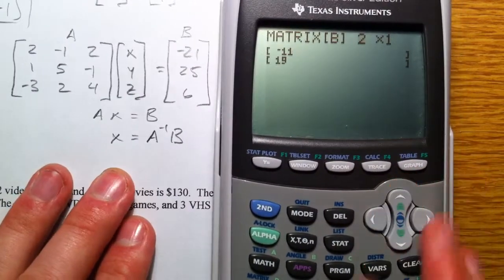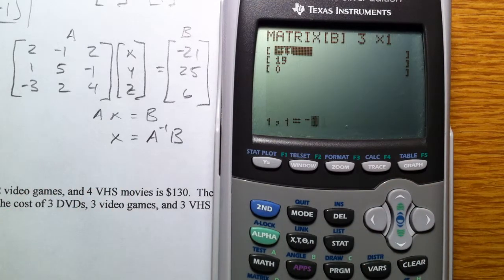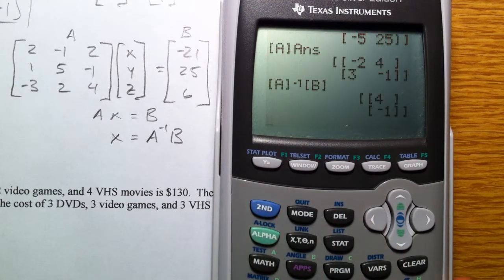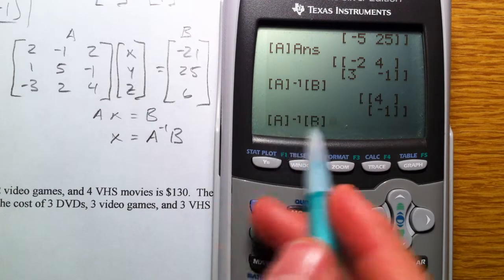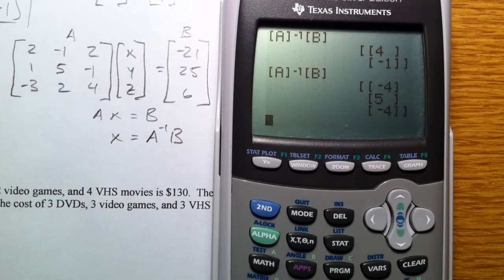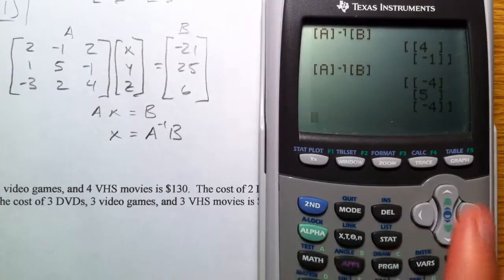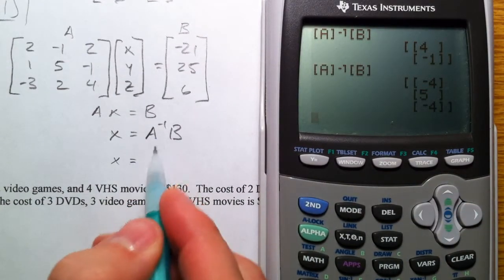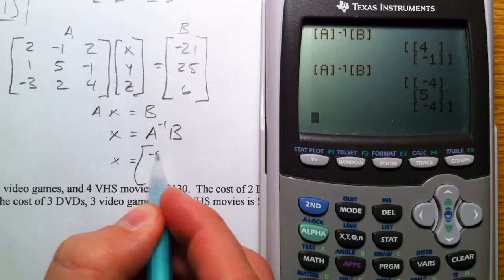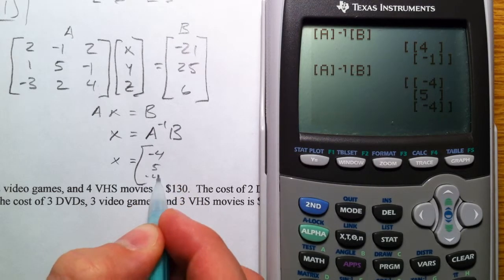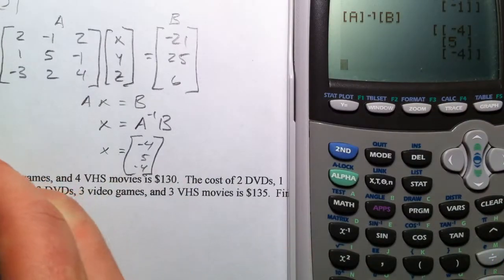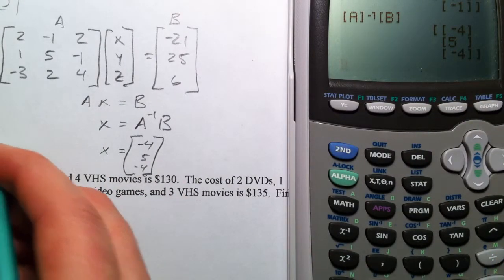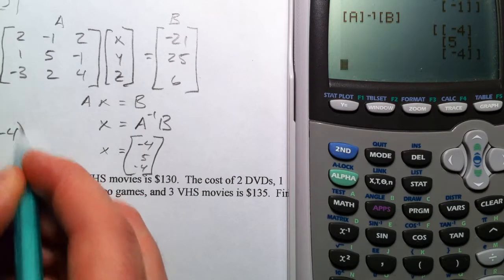Matrix B is a 3 by 1 now: -21, 25, and 6. So we got X was equal to -4, 5, and -4. And so what we can say is -4, 5, and -4 is our solution.